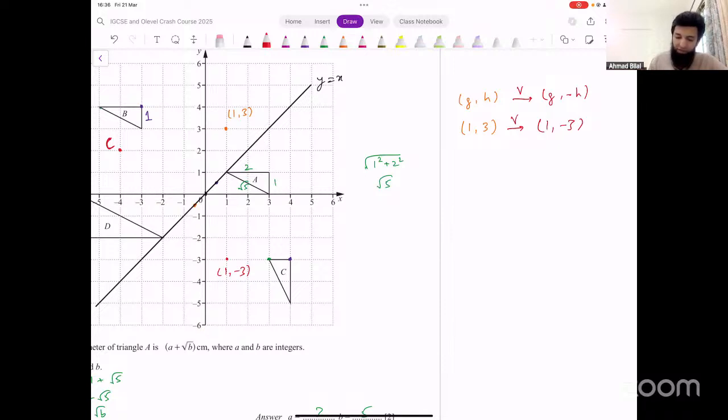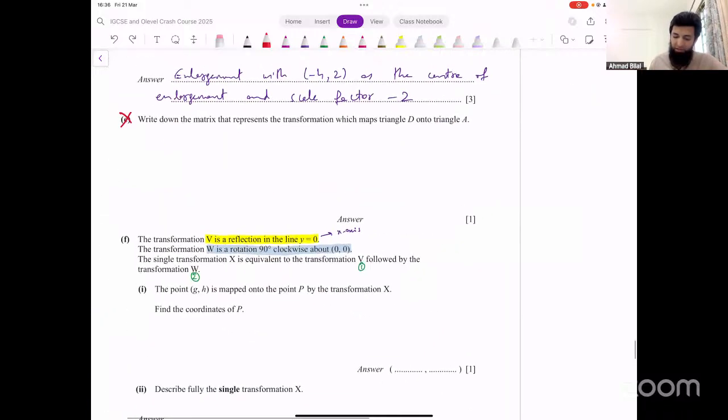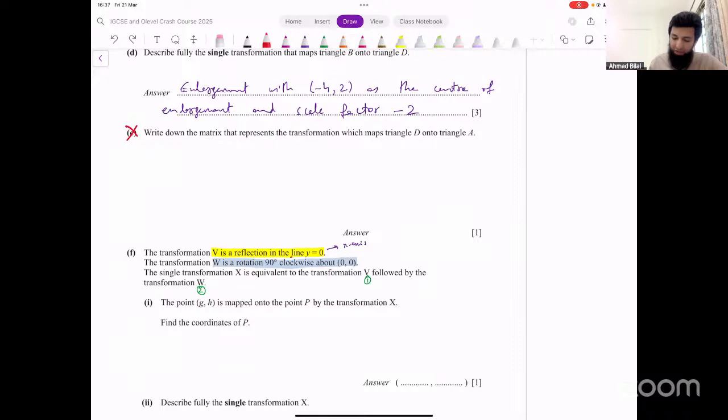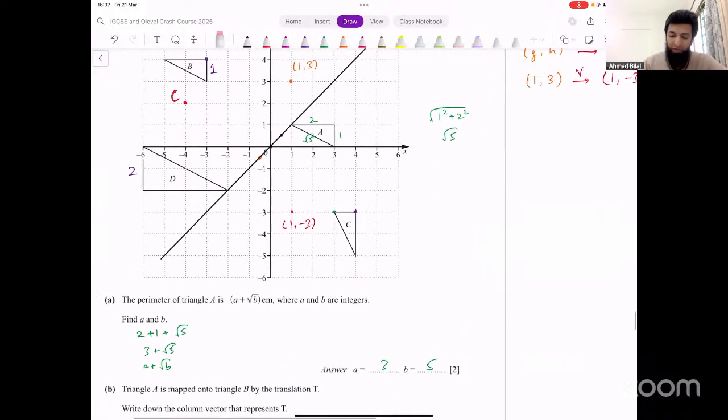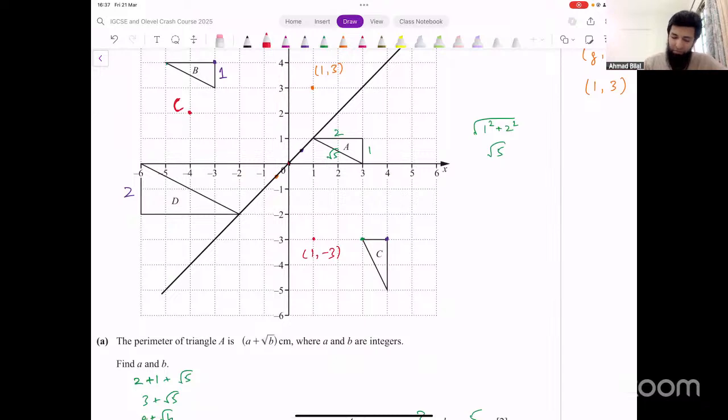Now, once you have this point, what's the next thing that we've got to do? The other transformation is rotation 90 degrees clockwise about the origin. This is the origin. We have to do a 90 degrees clockwise rotation. How do we do that? This point is 1 unit right and then 3 units down. If we do clockwise rotation, how does this become?